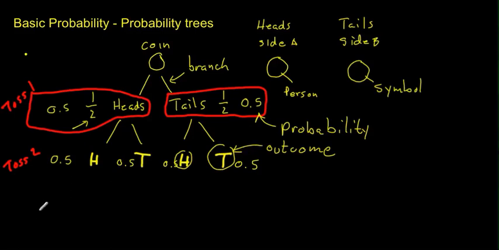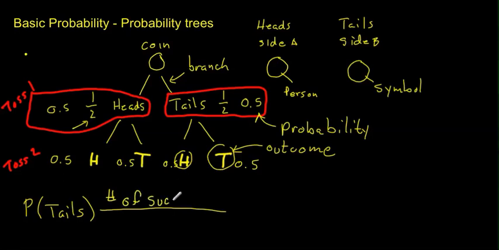So the probability of us getting tails, the formula is the number of successful events over the total number of events.